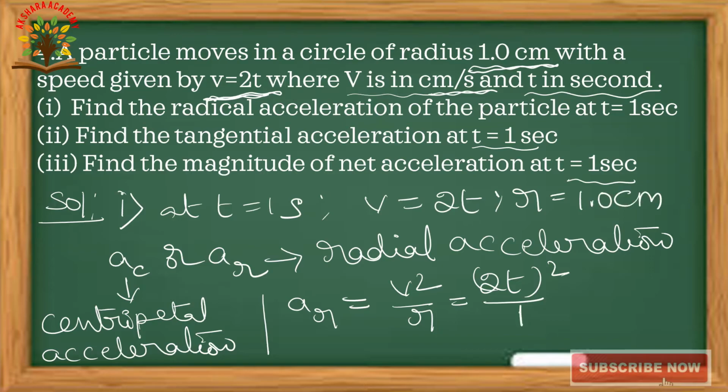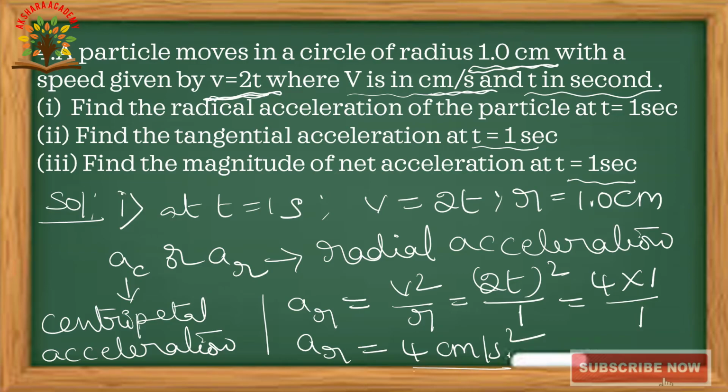So substituting R value 1, we get 2t whole square, which is 4t square. T is equal to 1, so 1 whole square is 1, and 4 into 1 is 4, 4 by 1 is 4. So AR is equal to 4 centimeter per second square.